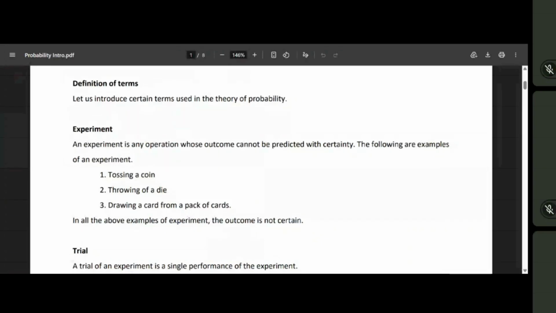Especially when they are going to play football, the referee will call the 2 captains to the center and ask them, which side of the coin do you choose? Then they will toss it. The side that surfaces is the side that wins. You cannot tell in advance that the head is coming, and really the head will come. If it happens like that, it's not an experiment.